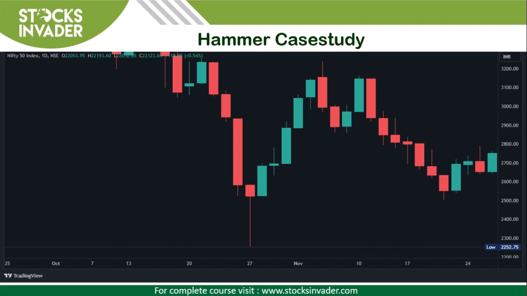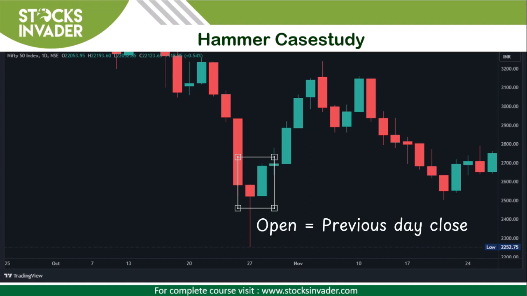But it is at this point of time the hammer candle got formed on the chart and the market began to recover. The trend reversal was confirmed on the very next day when Nifty opened at the same level as its closing on the previous day and rose further up during the day with good volumes.